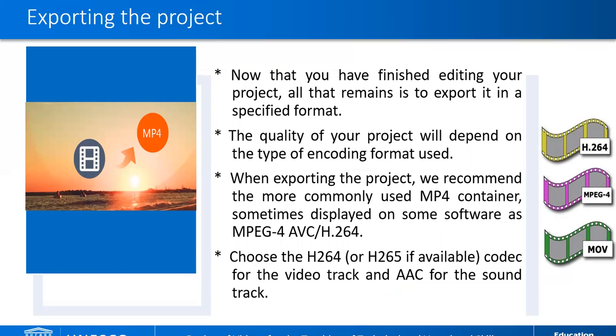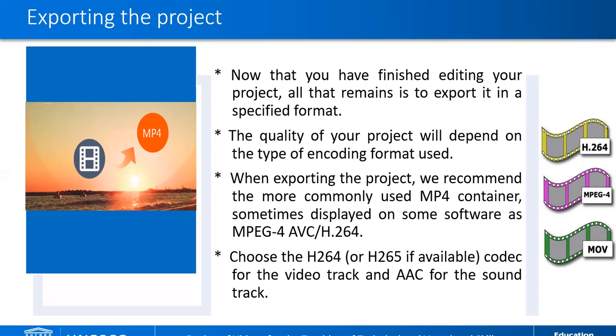Exporting the project. Now that you have finished editing your project, all that remains is to export it in a specified format. The quality of your project will depend on the type of encoding format used.